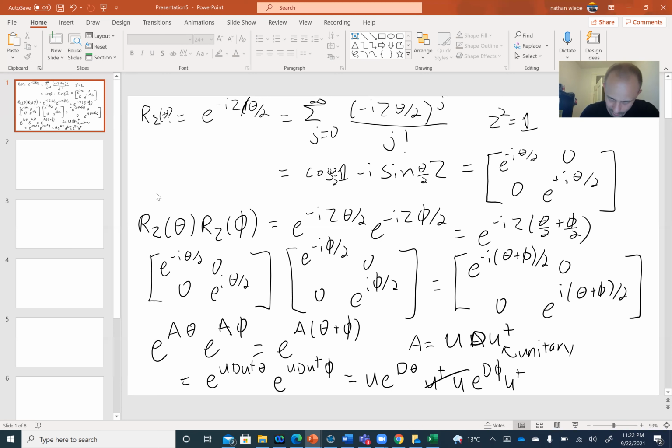These two cancel, and from the same argument that we had up here, this is equal to U e to the D (theta plus phi) U dagger, which then goes back and proves our initial point once we substitute the rule backwards. So this shows that we can compose these rotation-like operators together.